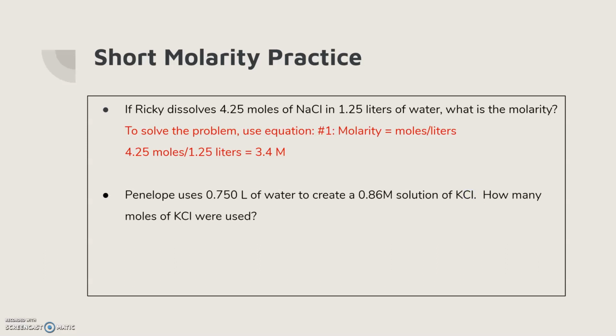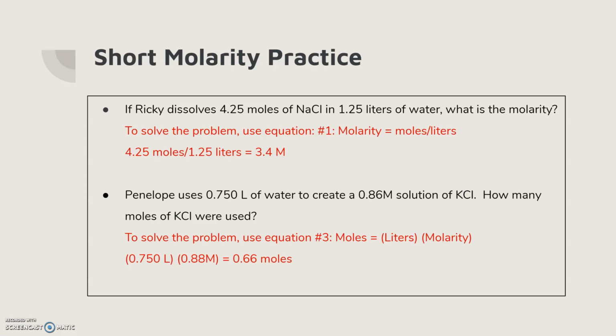Next problem. Penelope uses 0.750 liters of water to create a 0.86 molarity solution of KCl. How many moles of KCl were used? To solve this problem, we use equation number 3 in the far right. We're looking for the number of moles, so we will take the number of liters and multiply by the molarity.